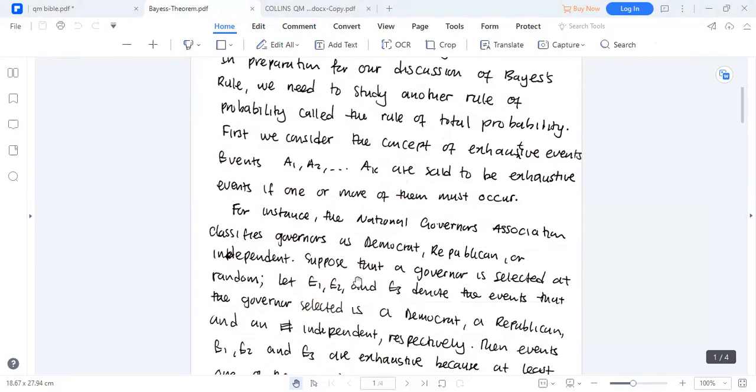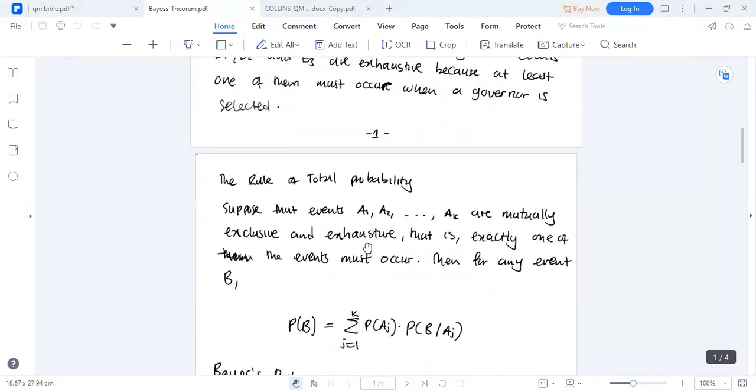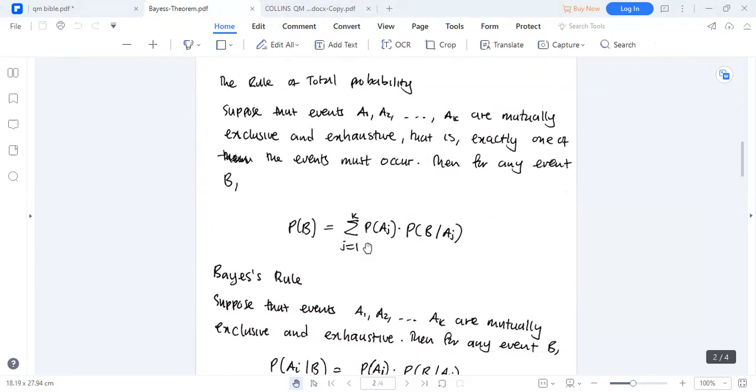Now I'll summarize all this jargon into 3 key principles. Number 1, we have a rule of total probability, which says that the probability of A is the sum of the probability of A times B given A, for events from j equals 1 up to k.